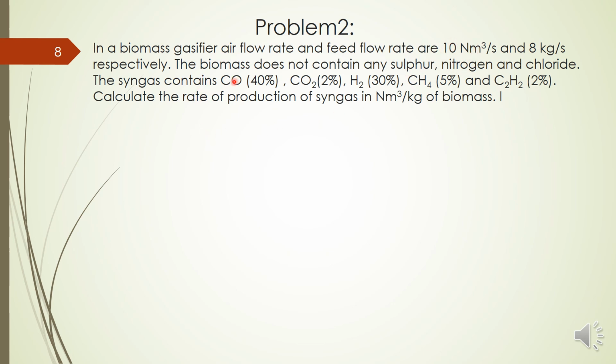We can find out the syngas by balancing the nitrogen. In the air we have 79% nitrogen, its flow rate is given, and on the product side we also have nitrogen, but that we have to find out.